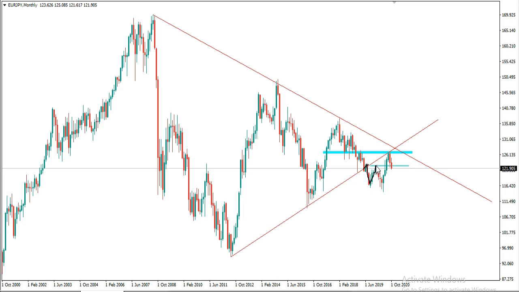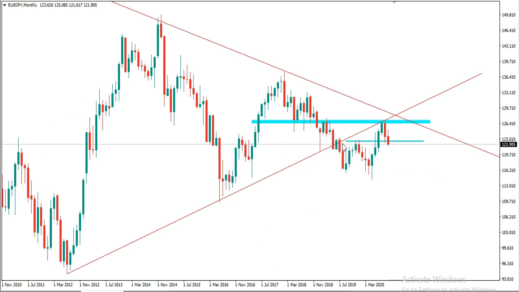Price came back up, made another push lower, and then broke upwards, forming this possible double bottom pattern at this point right here.